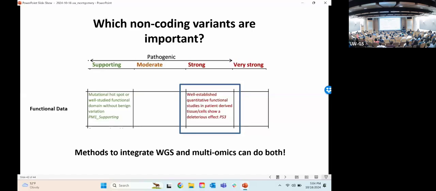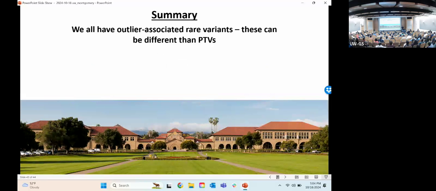I think there's a future here for methods that integrate personal genome sequencing information with multi-omics, in all sorts of different frameworks. Not a lot of these models exist, so it's an opportunity for people to work on that, which will get us to the point where we can start calling important alleles in the non-coding genome, not only for research, but potentially in clinical settings as well.